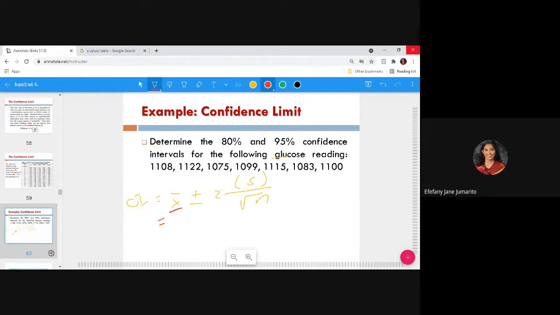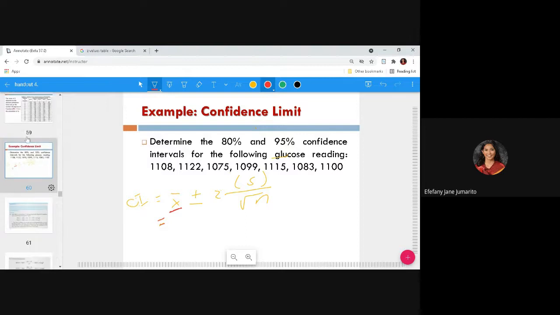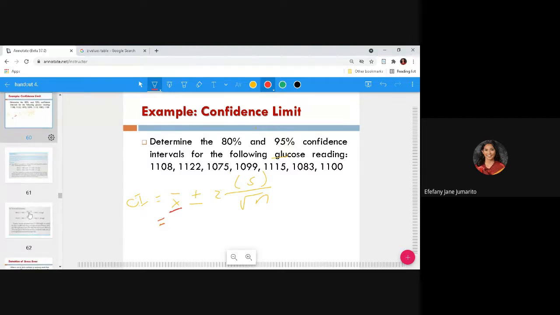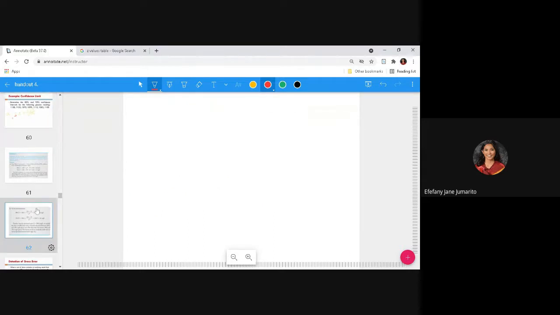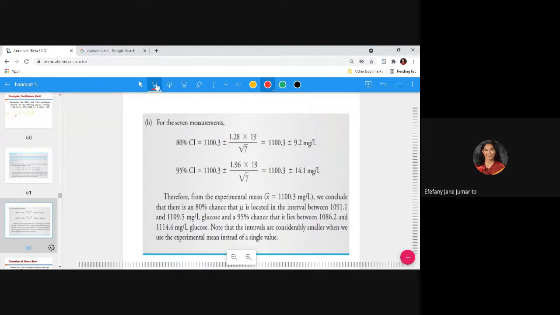Okay, what is the mean? So nana siya answer here. So given that one, the mean there is, okay, the mean is this one.